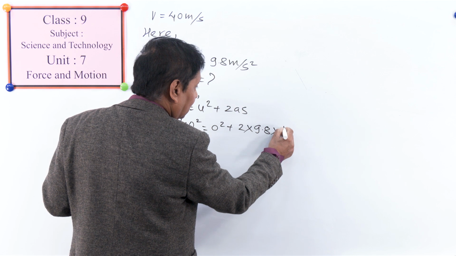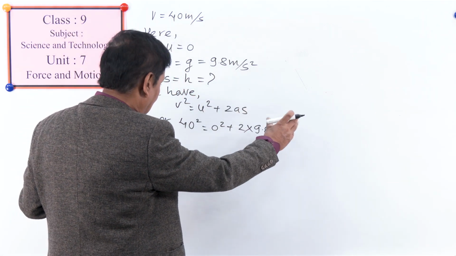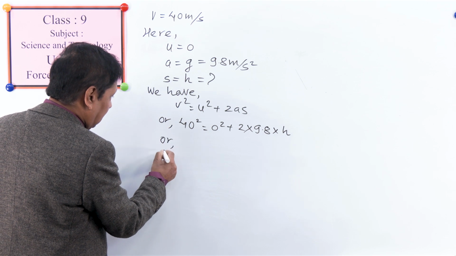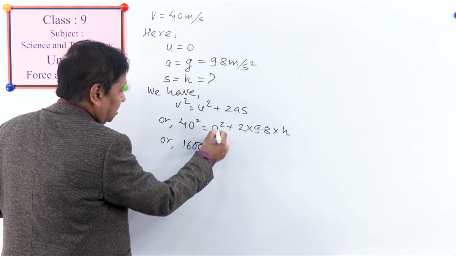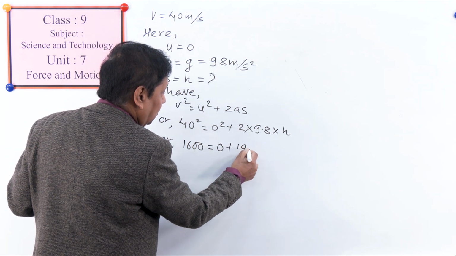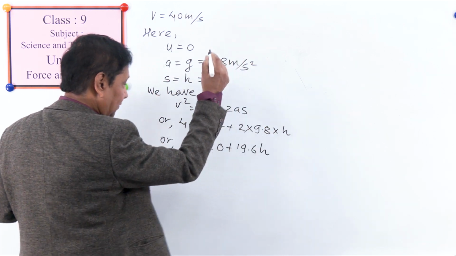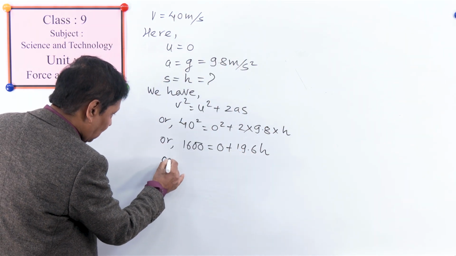We are going to find out s, in place of s I can write h also, height of the tower. Okay, here 40 square means 4 4s are 16, 1600 equal to 0 square means 0 plus 2 into 9.8, 19.6 s.